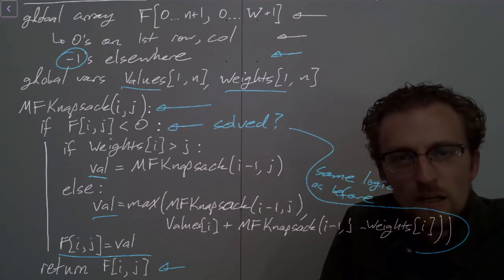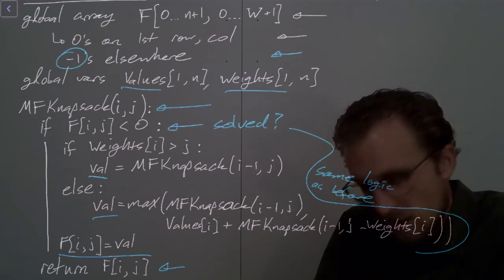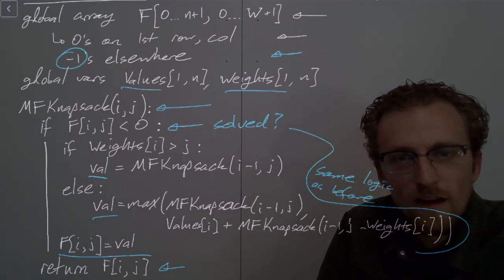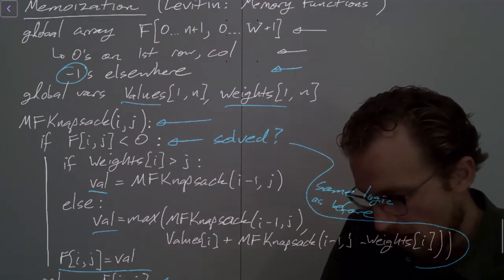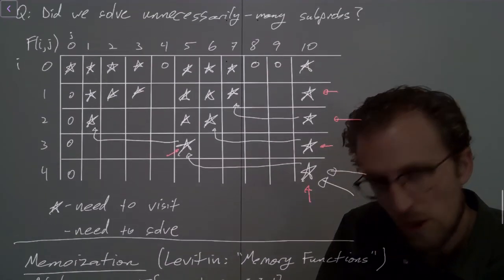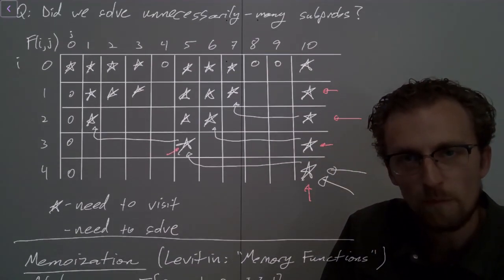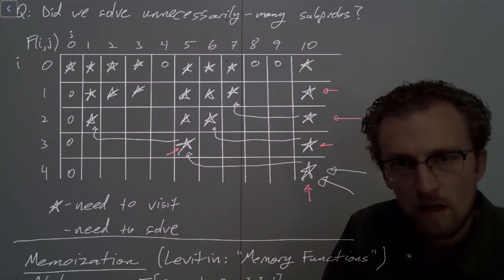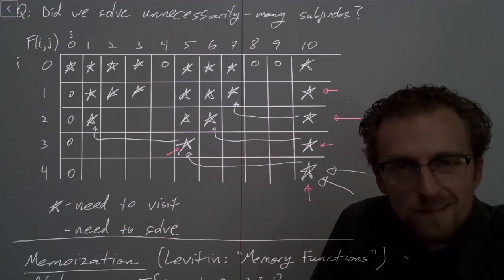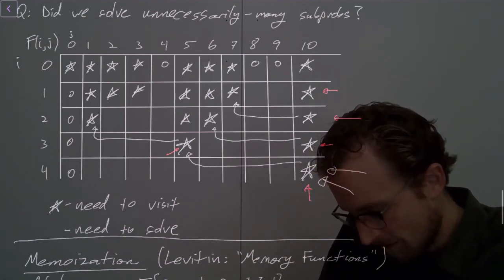So this is a complete implementation of the description I gave a little less formally up here with the table and the stars.